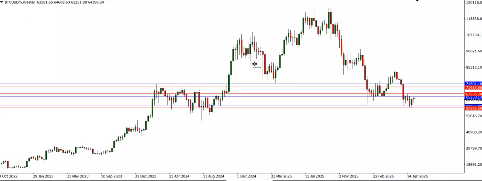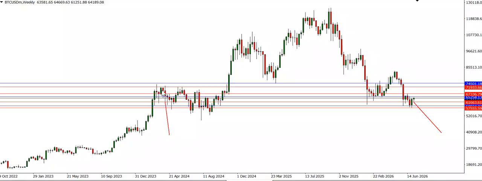I also want to see if this low is a key level. This particular low on the weekly time frame, is it a key level? Yes. You can see it being tested here. You can see the same low being tested here and rejected.